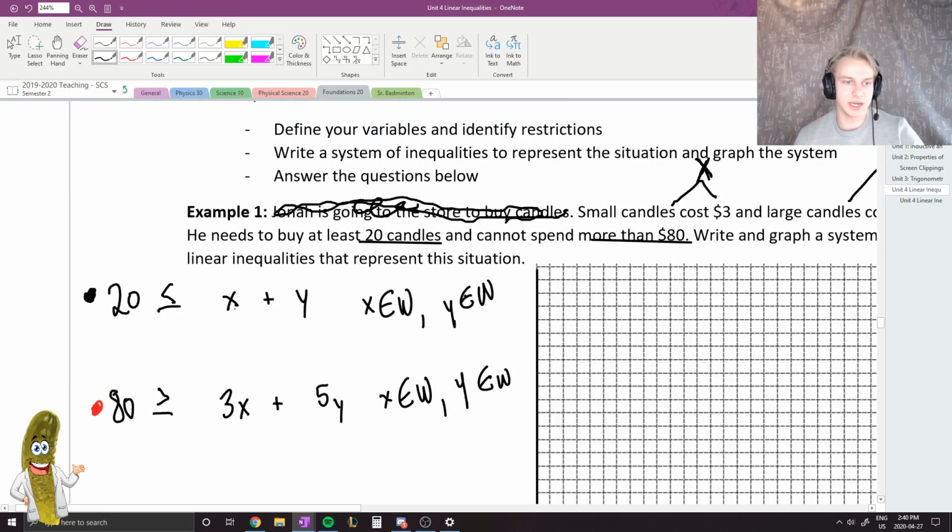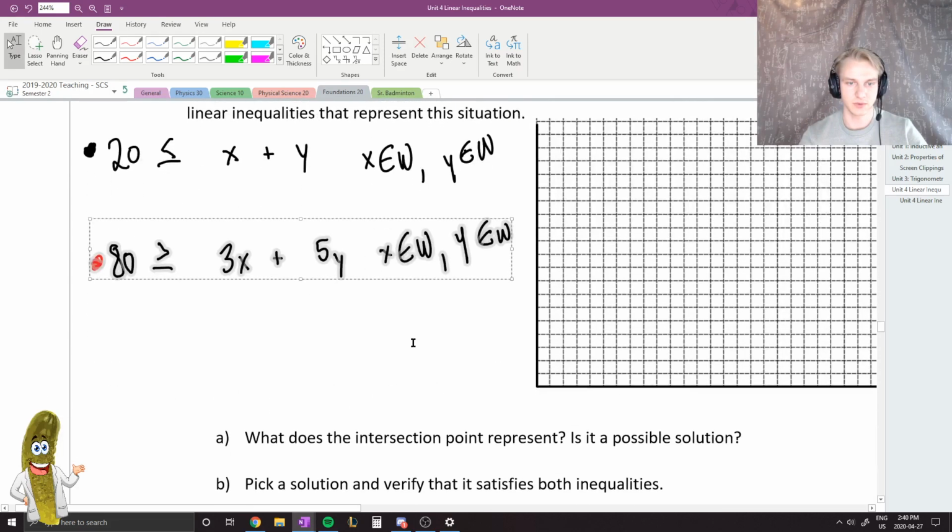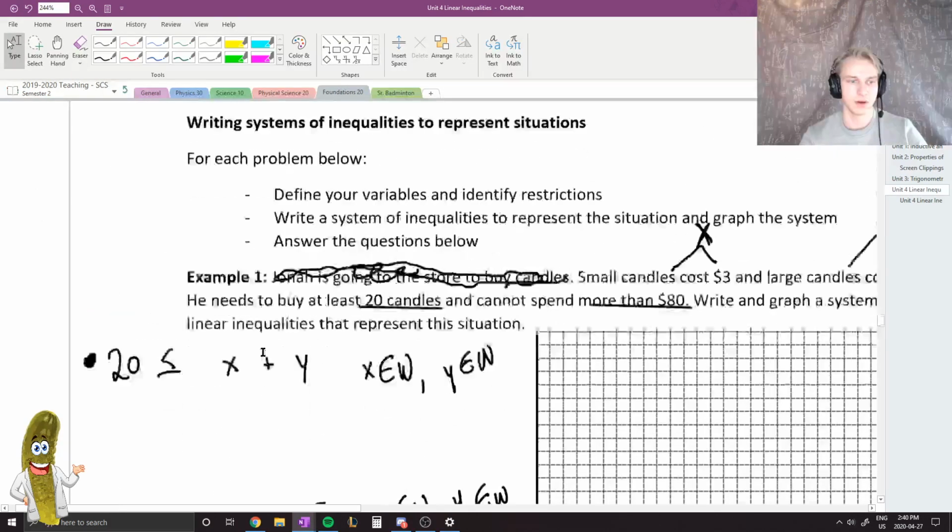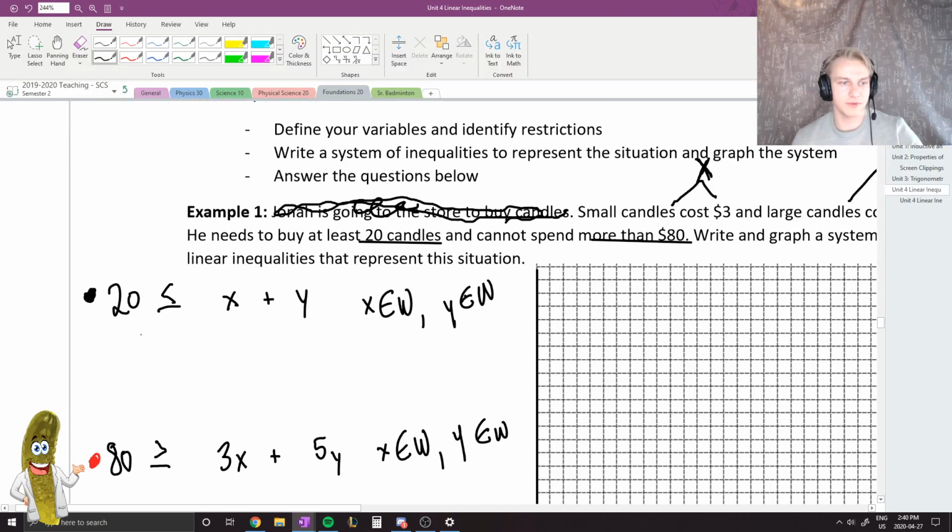Well, if I plug in a 0 for x here, let's actually move these down a bit. Okay, if I have x equal to 0, 20 can be equal to y.